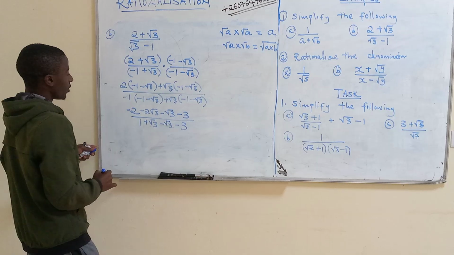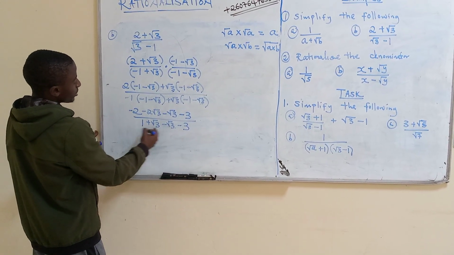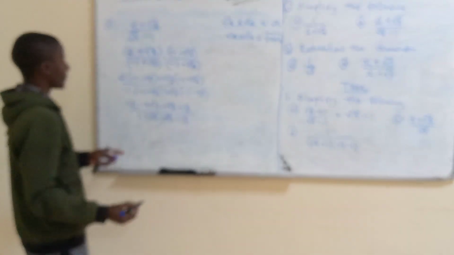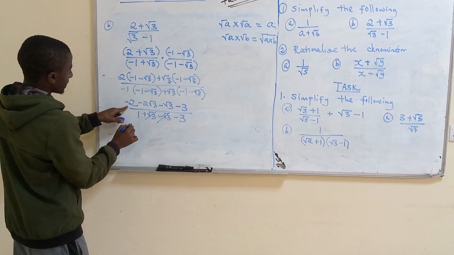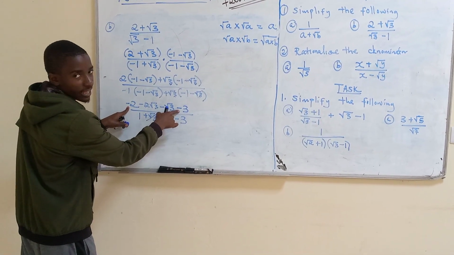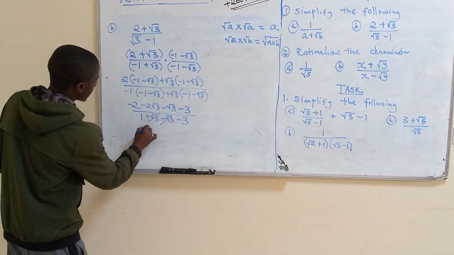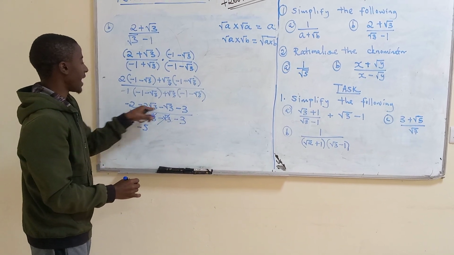So from there, what you are going to do is to simplify. So if you subtract here, these things they are going to disappear. You're going to get 0. And then here, this is negative 2 minus 3, which is negative 5. So negative 5. These are like terms.